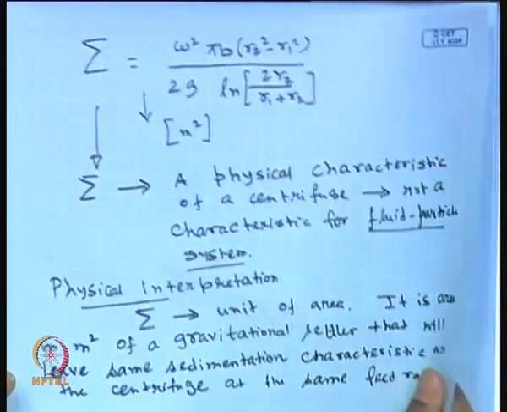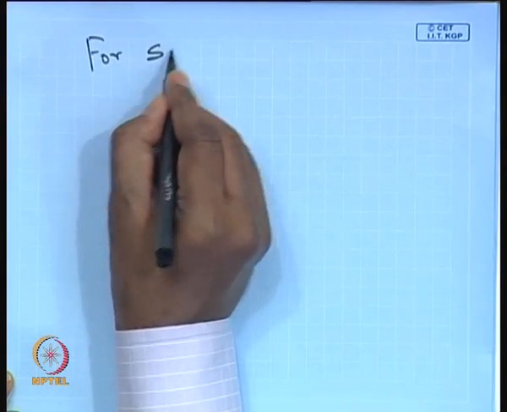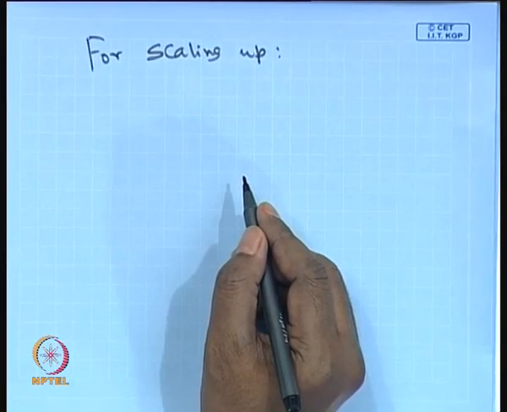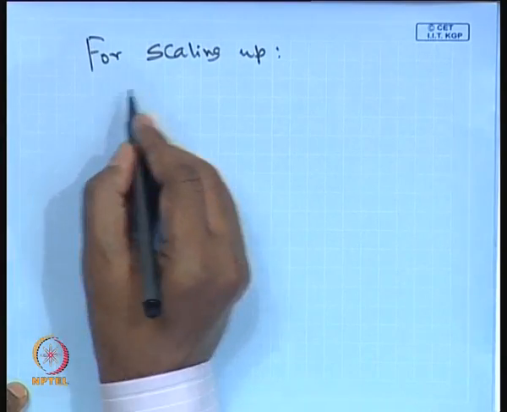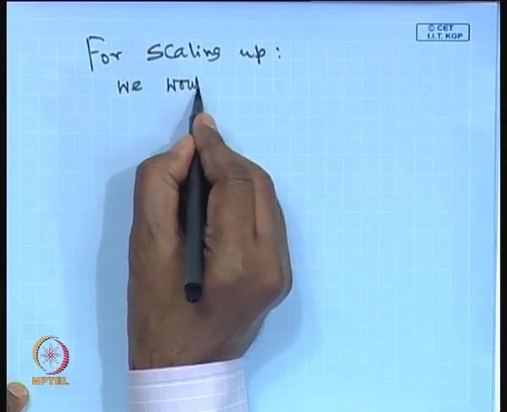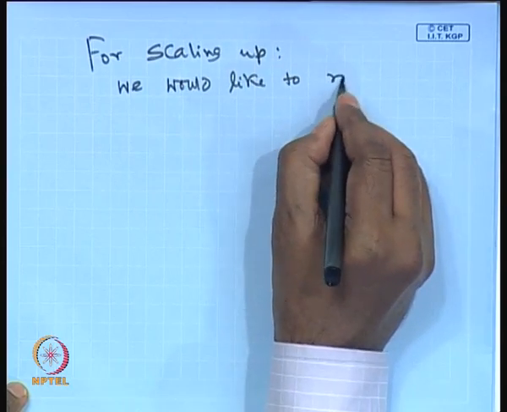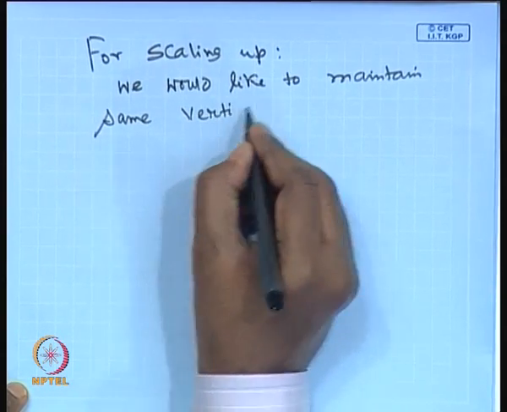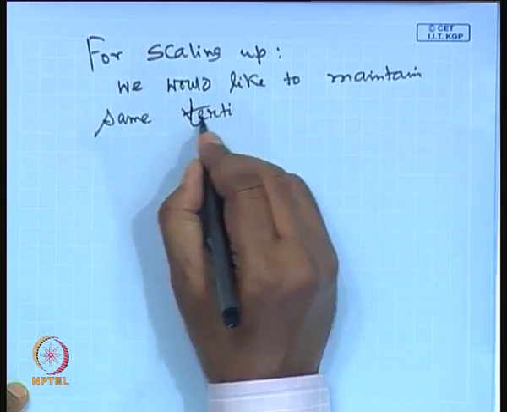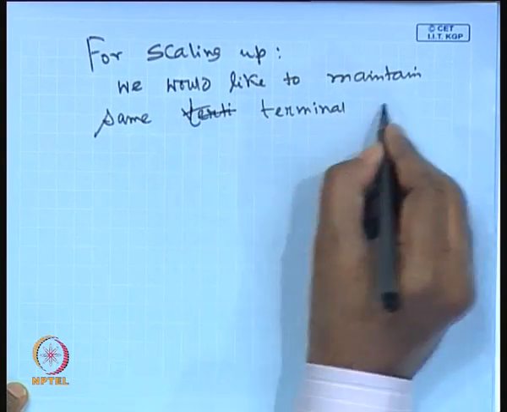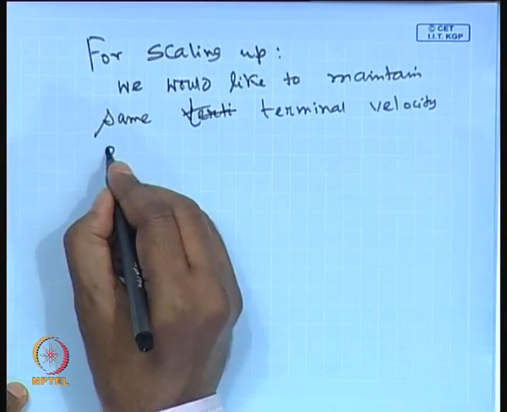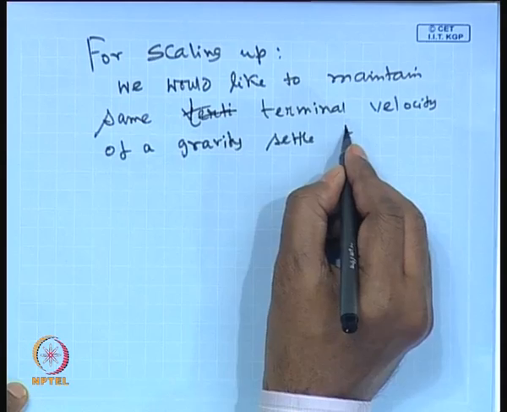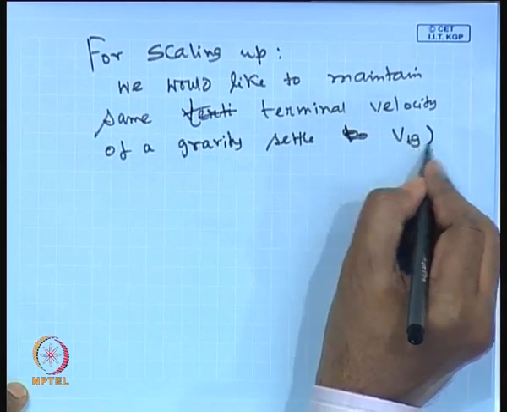So, in order to scale up, we will try to maintain the same terminal velocity of a gravity settler, Vtg.